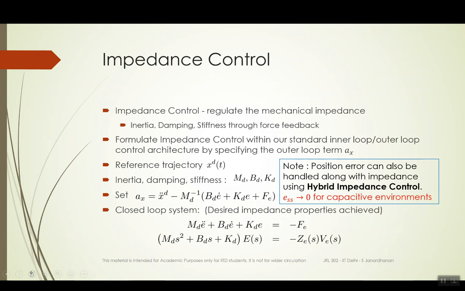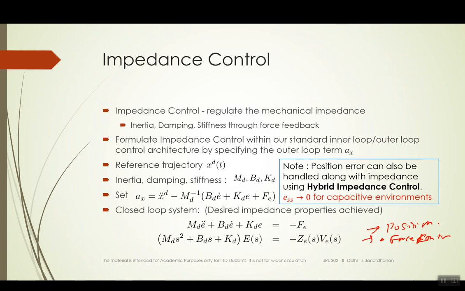Now the problem with this is that it achieves only one of the objectives. Instead of a single objective case where there was only position control till now in the earlier lectures, here you have position control and force control also.